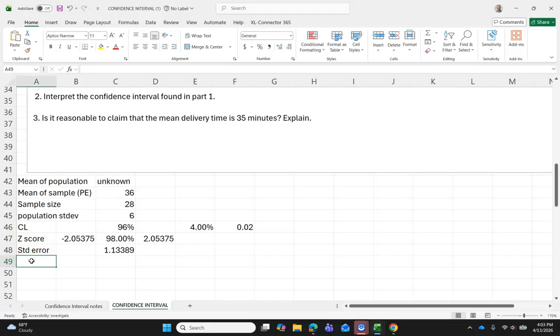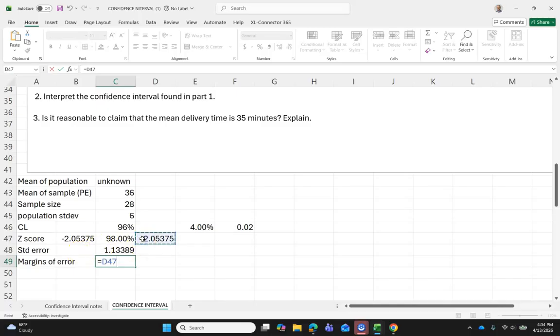Now to get the margin of error, it will be this z-score times the standard error. And so we have the margin of error.